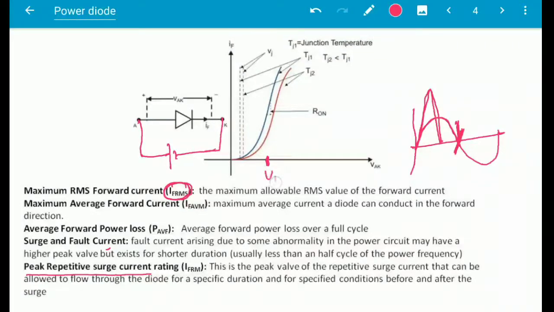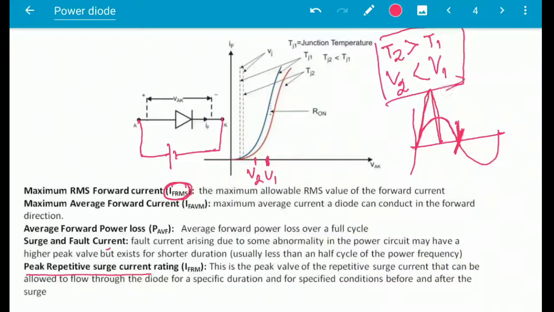Suppose this is V1, then if we increase temperature, at this voltage, suppose V2, current conduction will occur. This is called cut in voltage, and always V2 will be less than V1 for T2 higher than T1. This is the condition, and this we have to remember.